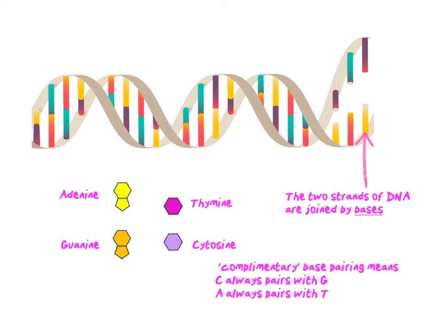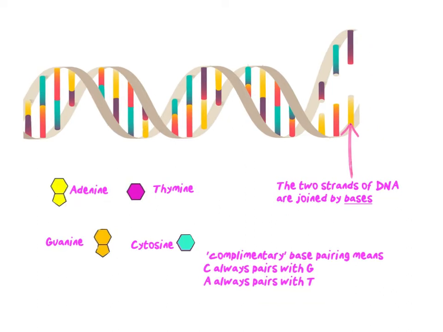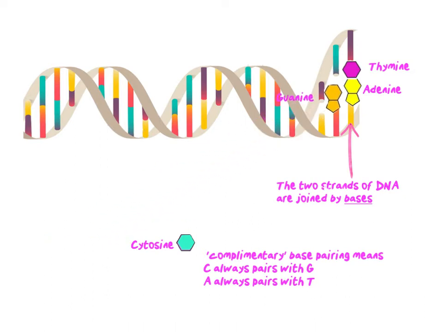What you do need to know are the letters. So A, T, C and G. Complementary base pairing is where the bases will always form a bond with the same bases. So thymine will always form a bond with adenine. Guanine will always form a bond with cytosine.